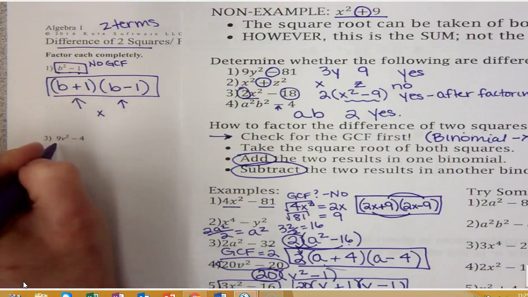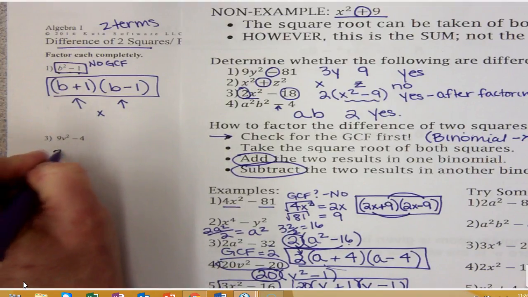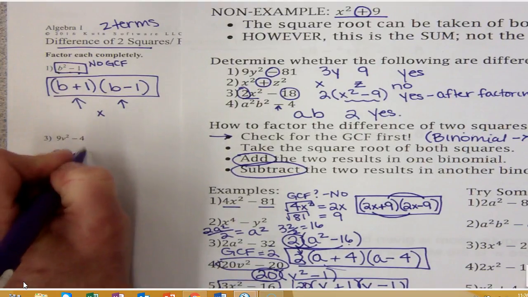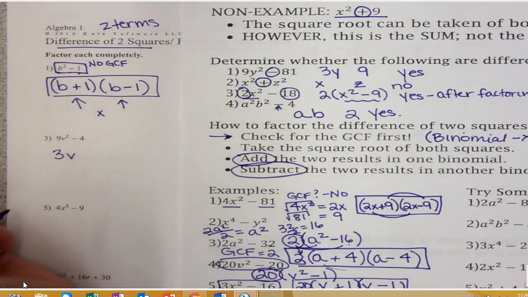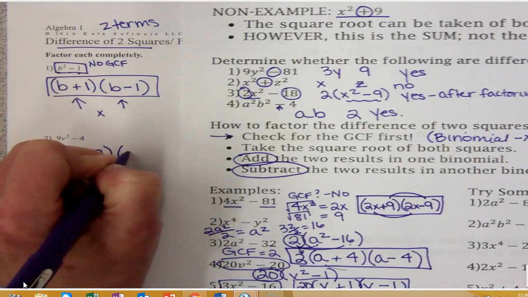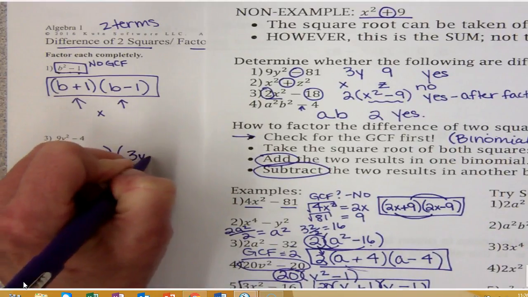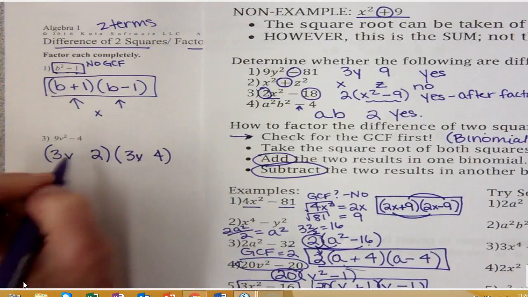Same here. Take the square root of 9v squared, which would be 3v. I've got a minus sign, and the square root of 4, which is 2. I put that in parentheses. Do the same thing here. Then I add 1.